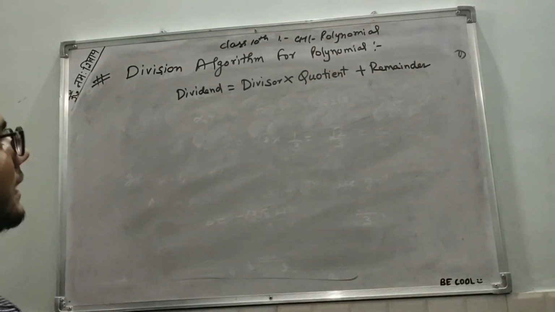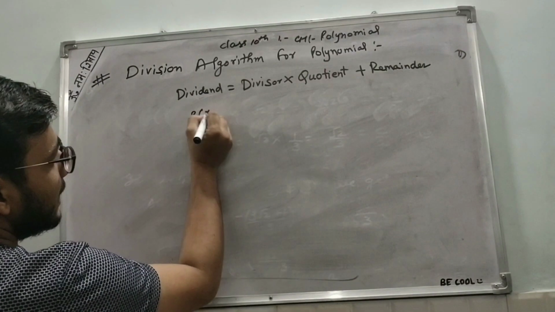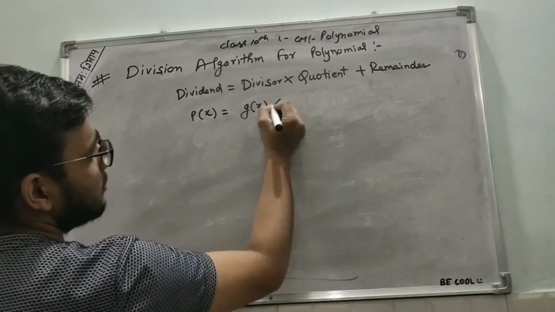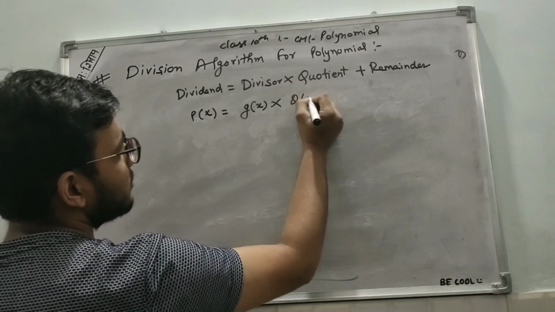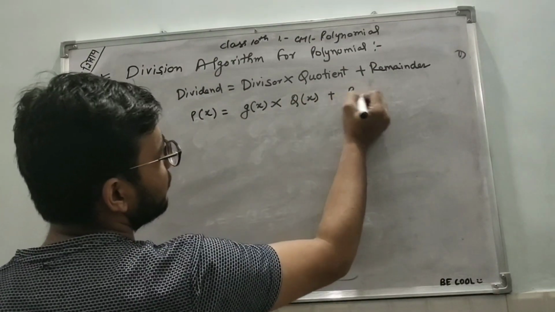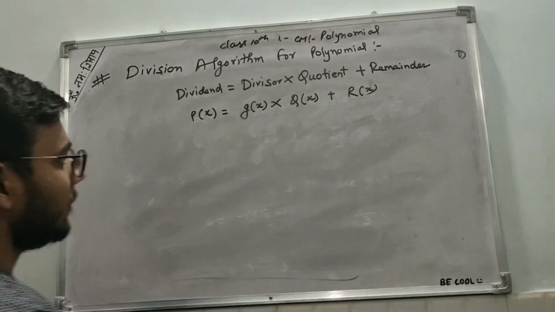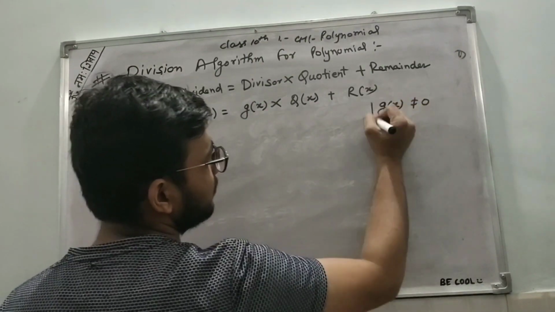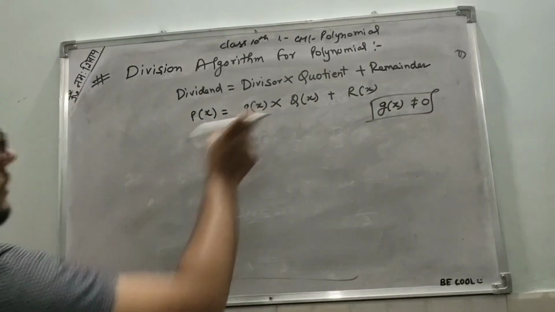In polynomial, we can write it as dividend is your p(x), divisor is your g(x), quotient is your q(x), and remainder is your r(x), with a condition g(x) is not equal to 0. This is your division algorithm.